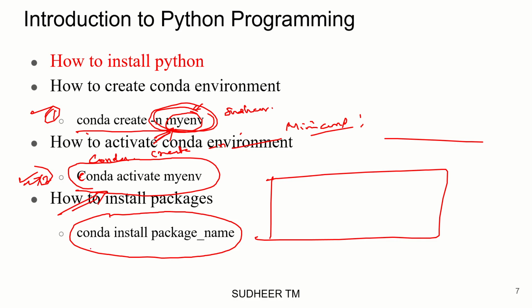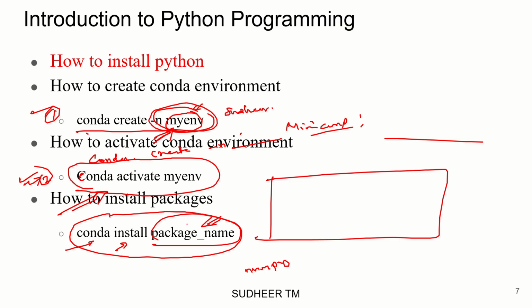Then whenever you need to install a module or a package, the command is conda install package name. This package name is a generic representation; it depends on which package you want to work with. For example, numpy is a very popular, commonly used package in your Python environment.